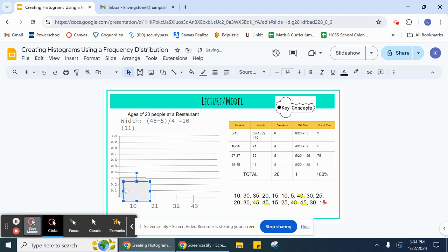I'm going to copy and paste this for the next bar. And then the next class, we only need 20%, so let's drag this down. I'm also going to drag this over a little bit so it looks more halfway between. Now that means we've got to drag all these over.